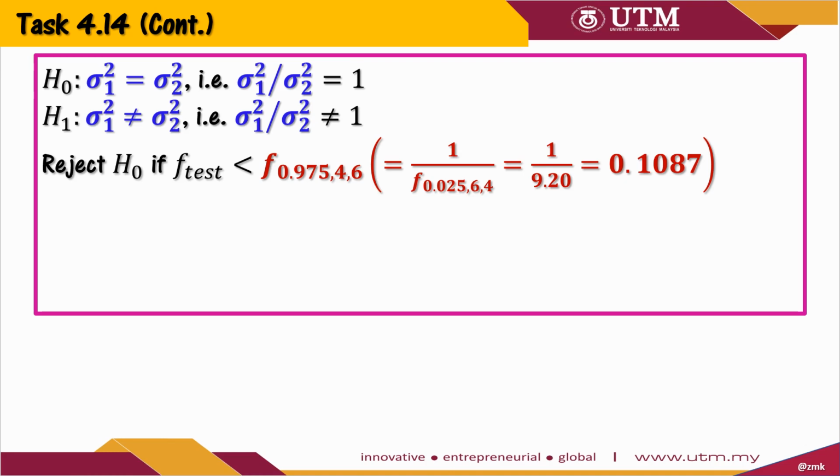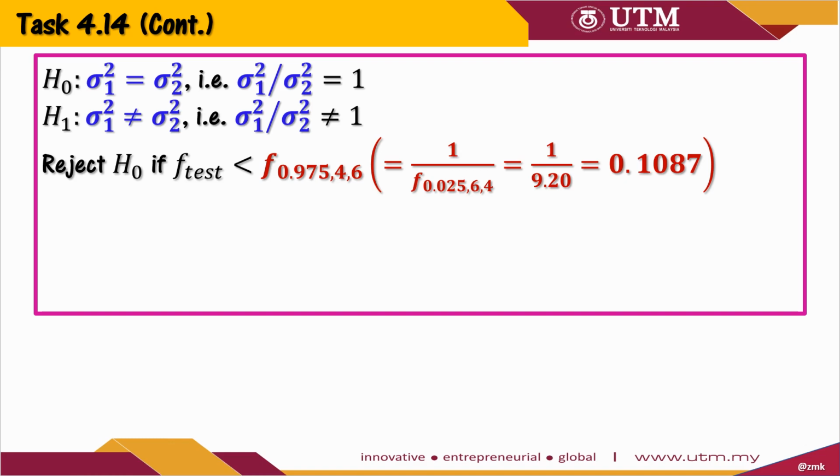However, this critical value is not available directly in the statistical table booklet. What we need to do first is to calculate its value by taking 1 over F(0.025; 6, 4). That is 1 over 9.20, which is equal to 0.1087. This technique has already been explained step by step in Chapter 3.